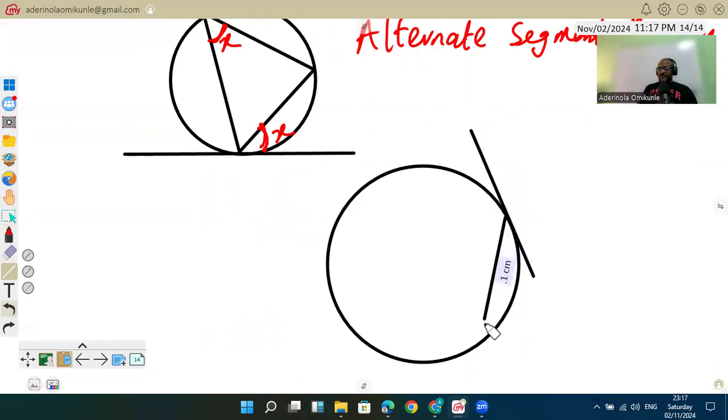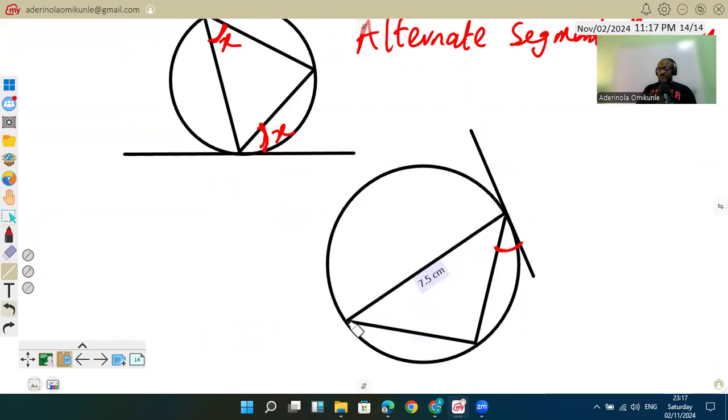Can go anywhere, can even go like this. Automatically, this chord makes not even one angle, this chord makes two angles. You can pick any of the angles. Look at this angle here. Then this same chord now carries another angle. Let me make it stay in a funny place. Maybe somewhere like this.